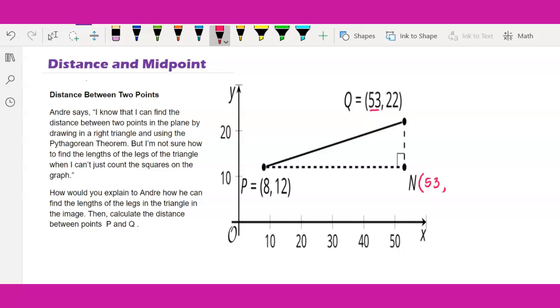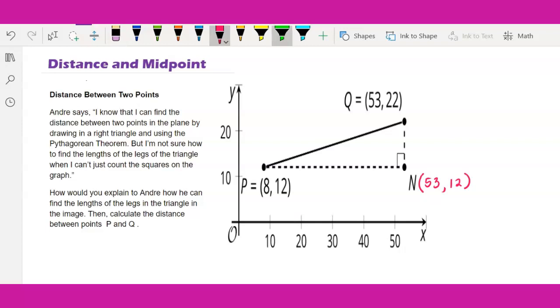Now, N is also in the same horizontal line as point P, so N must have the same y coordinate as point P, so it's going to be 12. So now that should help Andre find the length of the sides of the right triangle that he just drew.